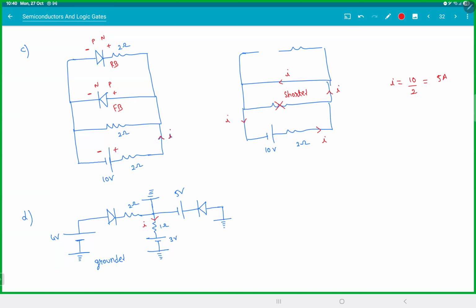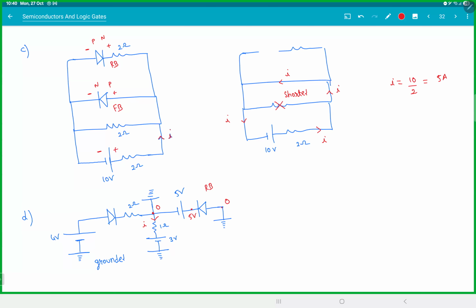Let's see. This guy is 0. This is 3. So one thing is clear. Whatever is this will be a positive voltage, isn't it? That is also grounded actually. This is 0. This is 5 volt. Clear? So this is in reverse bias, na?